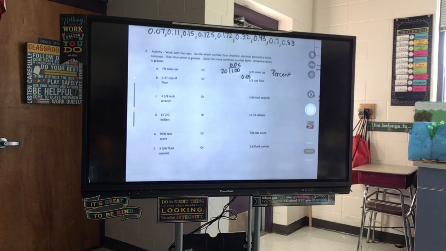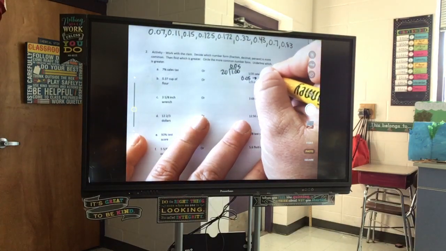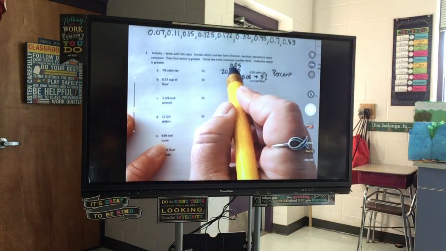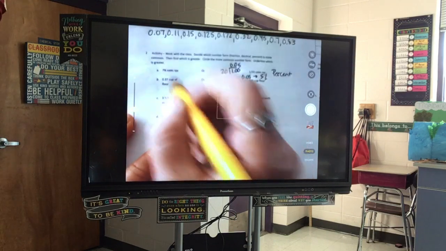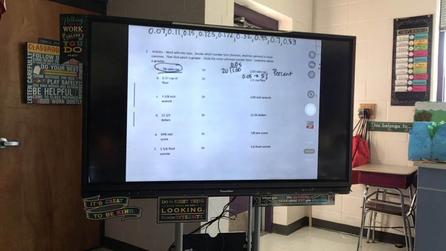What percentage does this become, Ben? 5. Yep, just 5%. So which one is greater, the 7% or the 5%? Soraya. So we're circling the common one and we're underlining that one because that's the greatest one. Okay?